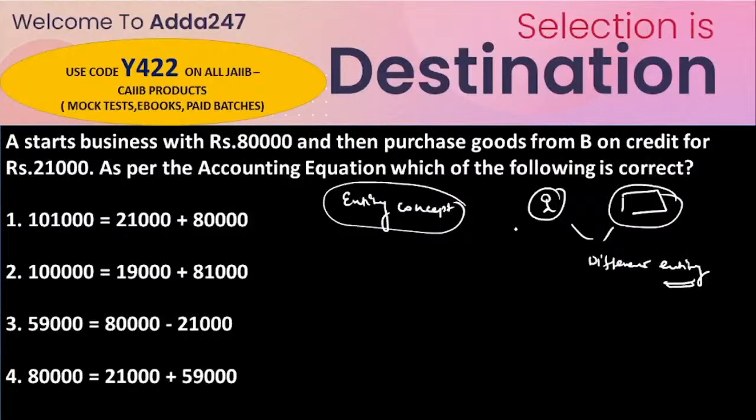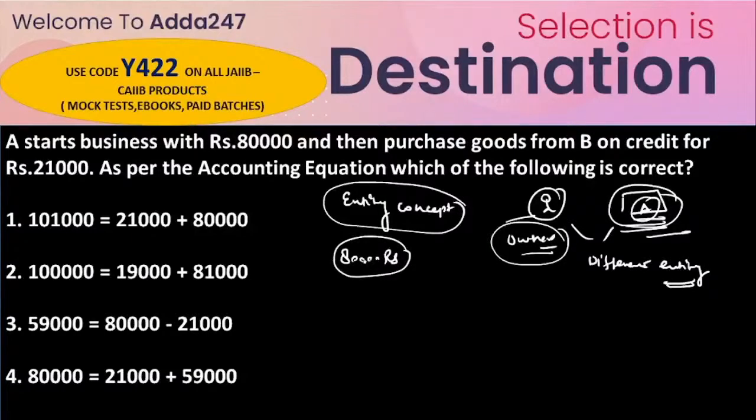That means, suppose I am the owner of a particular company A; from the accounting perspective, me and my company are different entities. So suppose I started a business with cash of 80,000 rupees.